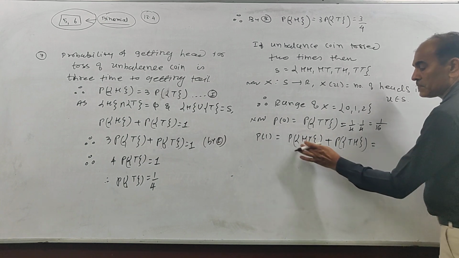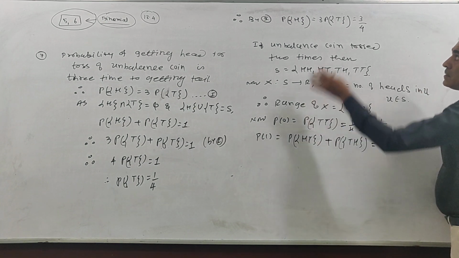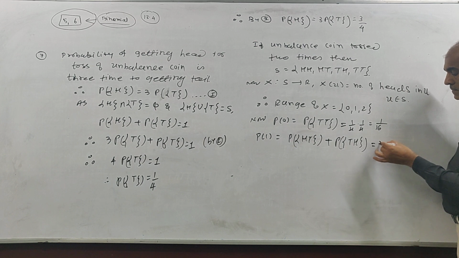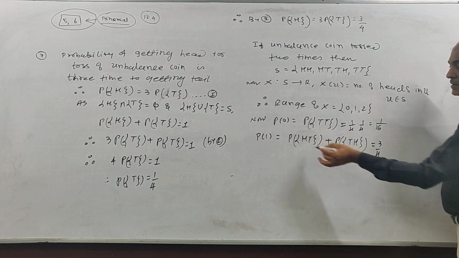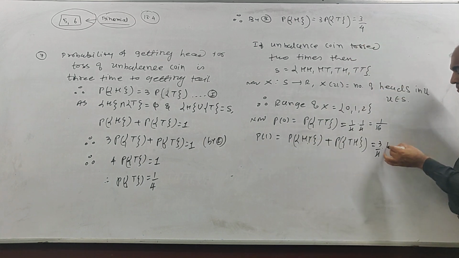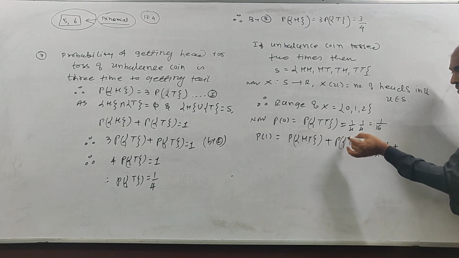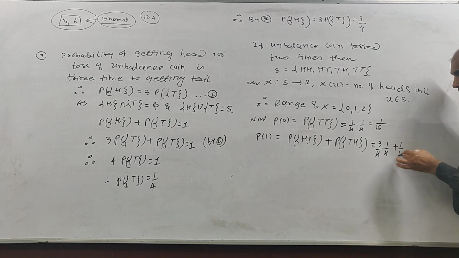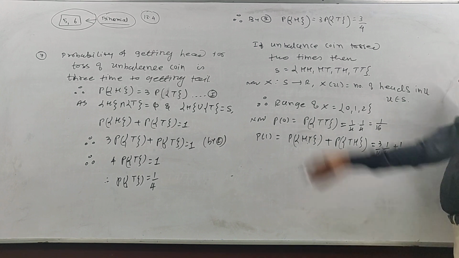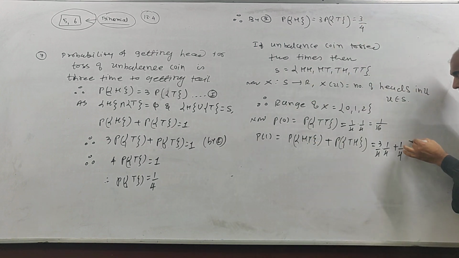On the first trial it is head, which is 3 by 4, and the second trial is tail, 1 by 4. Plus the first trial tail, 1 by 4, and the second trial head, 3 by 4.